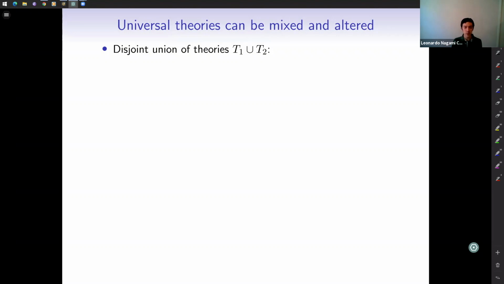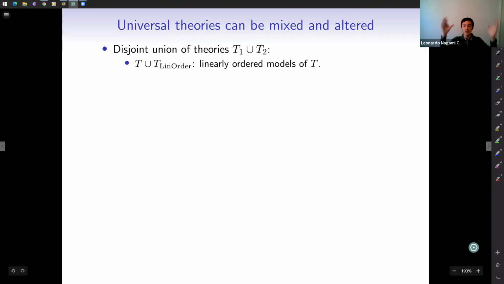Now, this operation is neat because it allows you to do operations like this. If I give you a theory T and I take, say, the disjoint union with the theory of orders, then the theory that I'm producing here is the theory of linearly ordered models of T. So the models of this disjoint union are just going to be usual models of T, except that I somehow ordered their vertices.